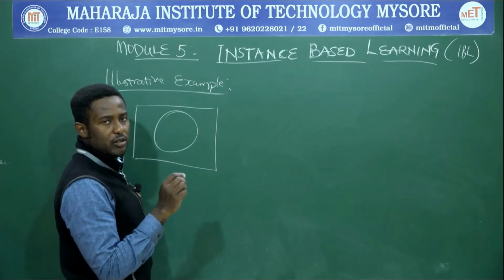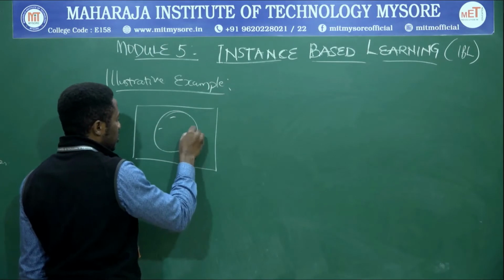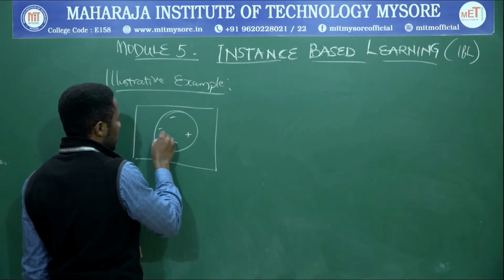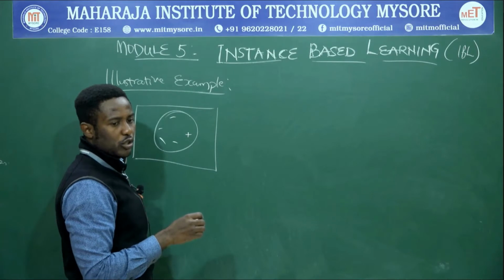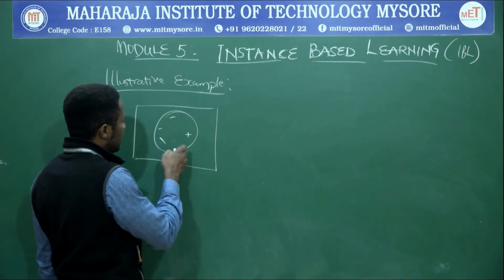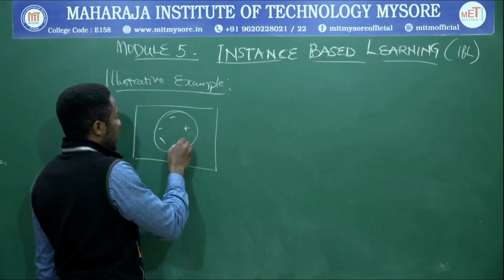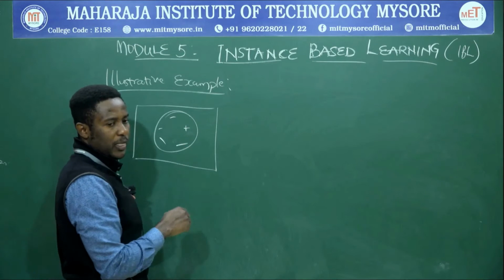First of all, let's have some instances: negative, negative, positive, negative, negative. So I have 4 negatives in this circle, and I keep the positive here.